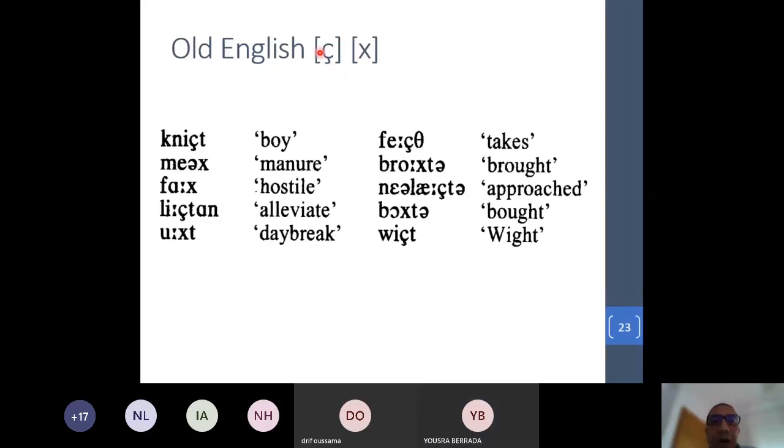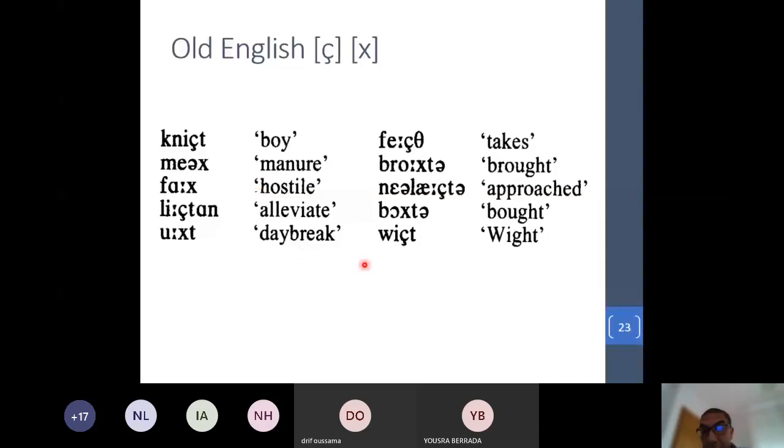Are these allophones of the same phoneme, or are they separate phonemes? This small data set from Old English: knecht for boy, miech for manure, fach for hostile, lichten for alleviate, and ucht for daybreak, etc.